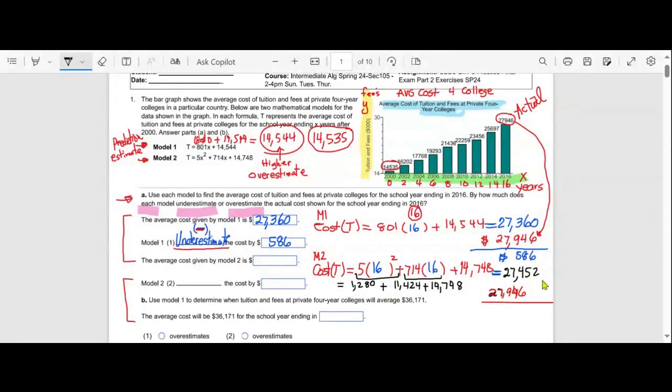So it's correct, right? You get the number. I don't know why you guys are telling me that you get millions. I don't know where you get the millions from. Okay, now I got this, the estimate or the prediction. The actual was 27,000, right? So subtract this from this and tell me how much the difference is.